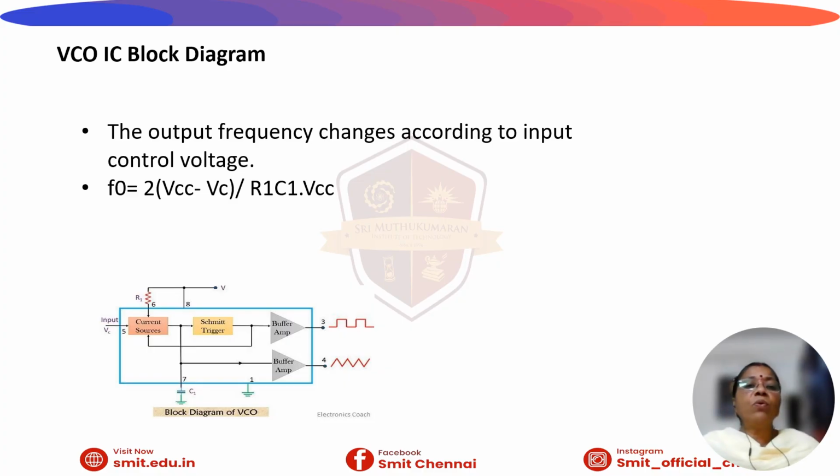Thus, the VCO is controlled by input voltage, and the output frequency f0 is given as 2 into (VCC minus VC) by R1 C1 into VCC, where f0 is the frequency of oscillation, R1 C1 are the timing components and VC is the control voltage.